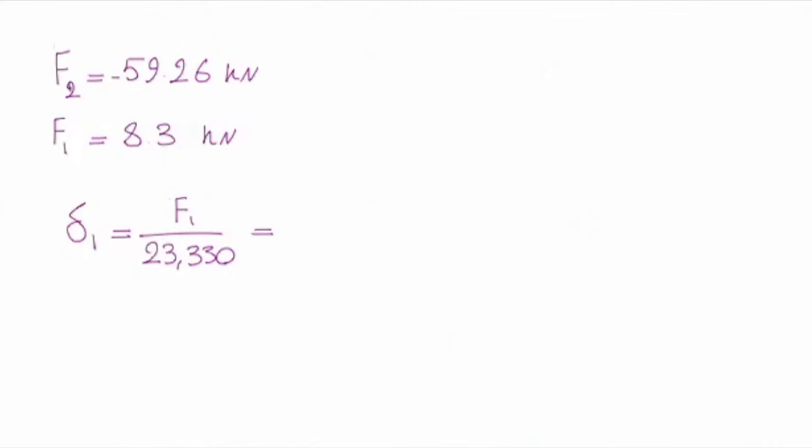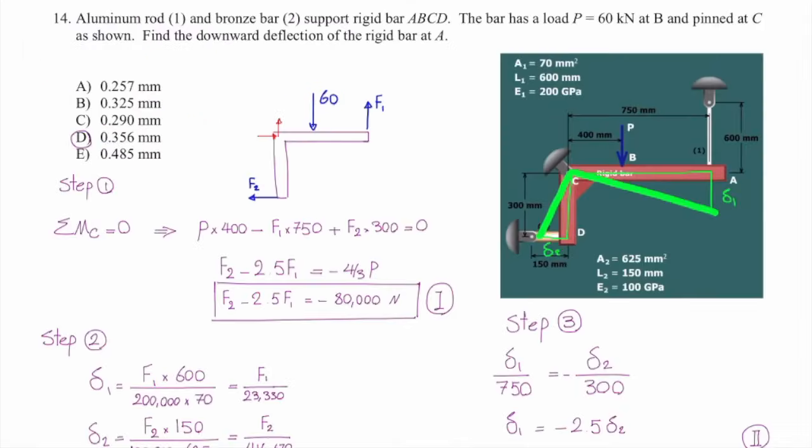So I'm going to write it like this: 8,300 newton divided by 23,330. And hope we can see one option here, which is equal to 0.356 millimeter. Let's see if we can find it here. So option D is the answer of this problem.